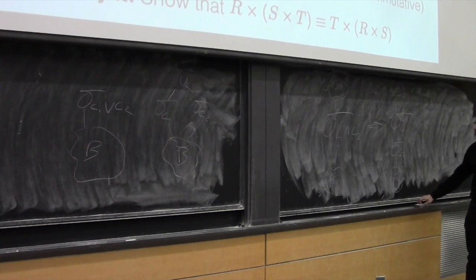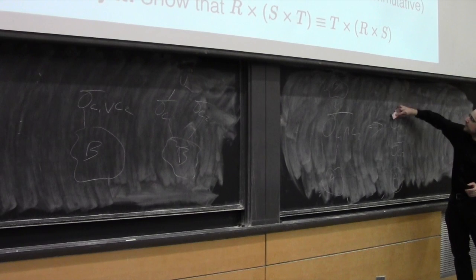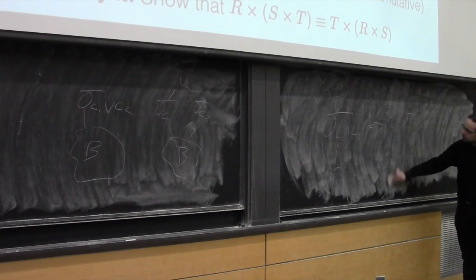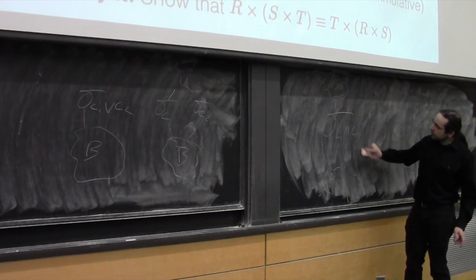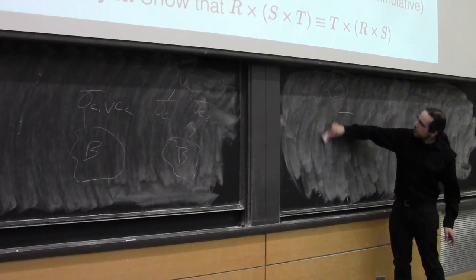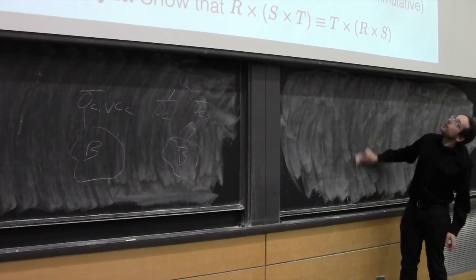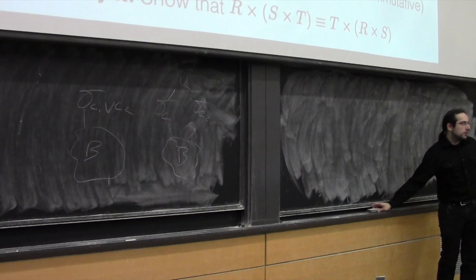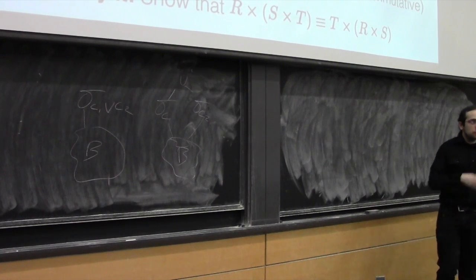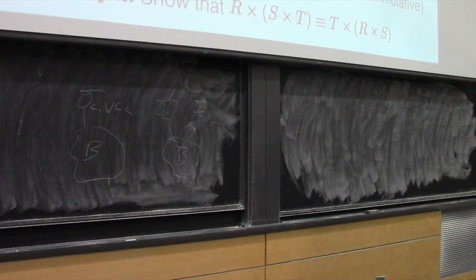Now, here's something I'd like you guys to do, or at least guide me through it. So if I tell you that selection is decomposable, can you prove to me that it's also commutative? Decomposable on AND.